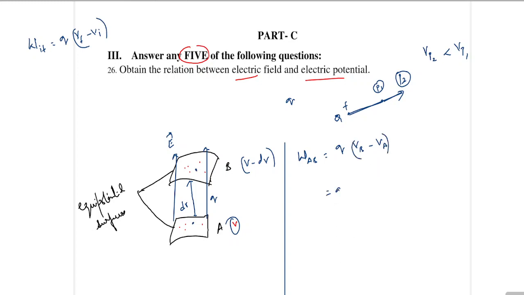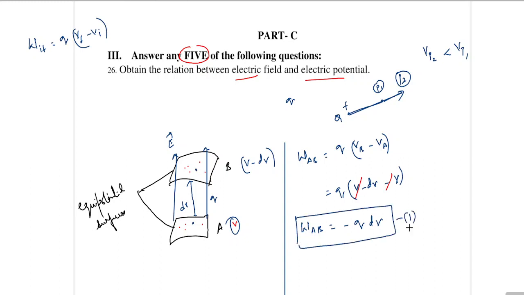That is equal to Q into VB, the potential on surface B, V minus dV, minus that on surface A, which is V. From here, V gets cancelled. Therefore, the work done to move a charge from A to B is minus Q dV. Let us call this equation number 1.